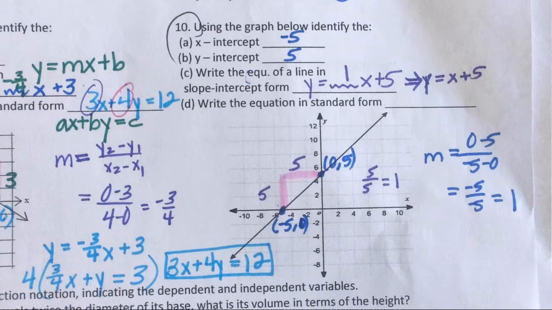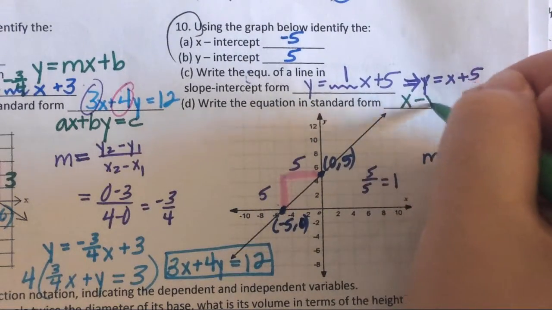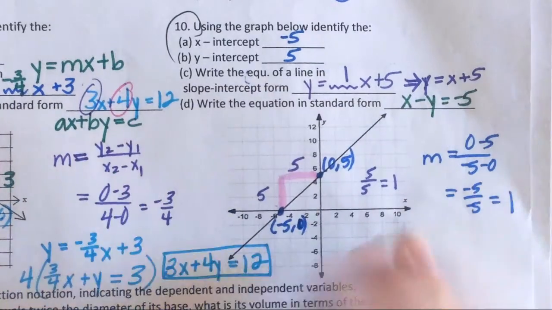You can't have a negative a value. Equals what? You can have your point.